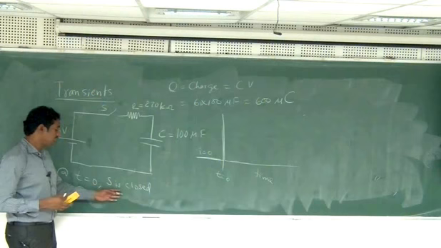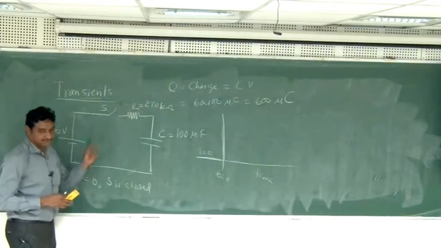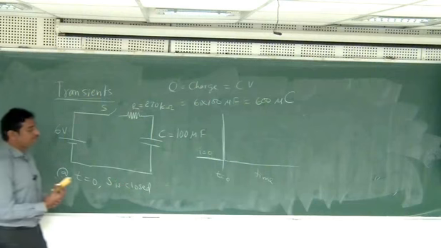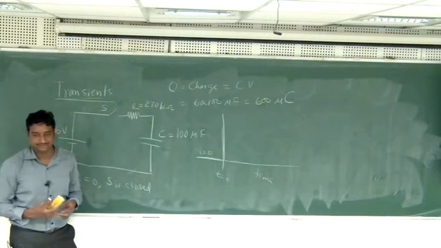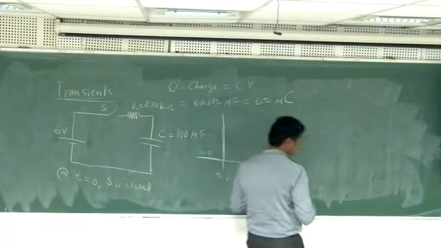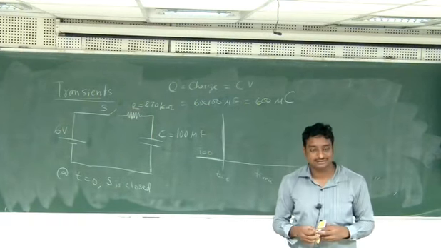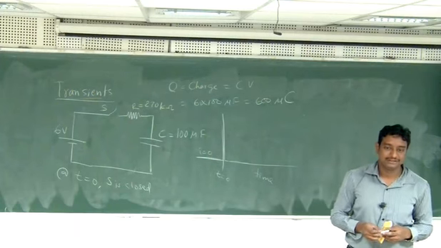S is closed at t equal to 0. Now I close the switch. Then what will be the behavior of the current? At t equal to 0, I close the switch. Then what happens to the current?